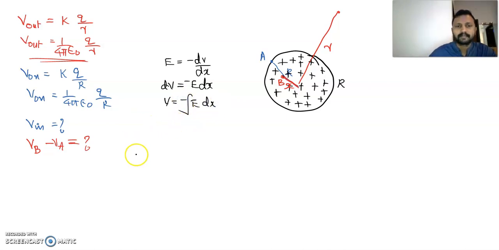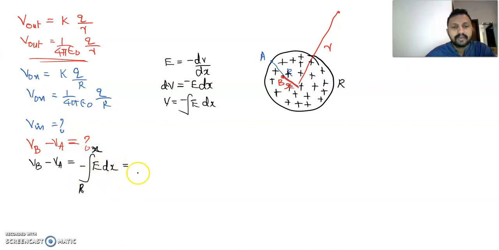Then we will use this integration. We could write VB minus VA equals minus integral of E dx, where the integration is from r to x. We have to integrate it from r to x.